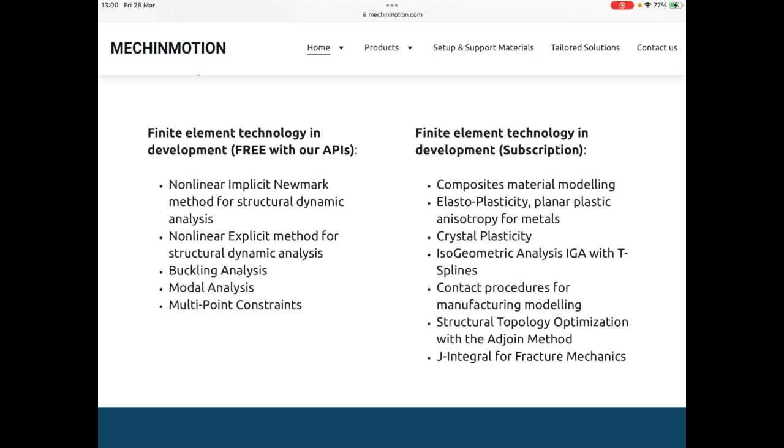We are basically transferring the code to C++, because C++ works better integrated with the graphical user interface, and big FEA software is easier to manage in C++ than in Fortran. That's the reason why we are doing it, but we will soon have all of these procedures available, some for free, some for subscription, and of course we provide full support on this matter.